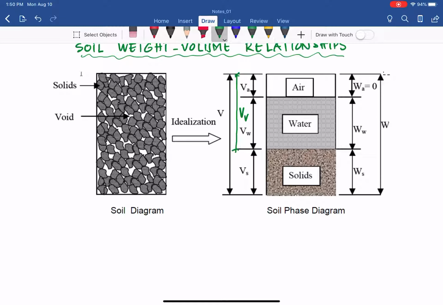So the first equation that we want to deal with is the water content, in percent, and sometimes we talk about it as the moisture content.